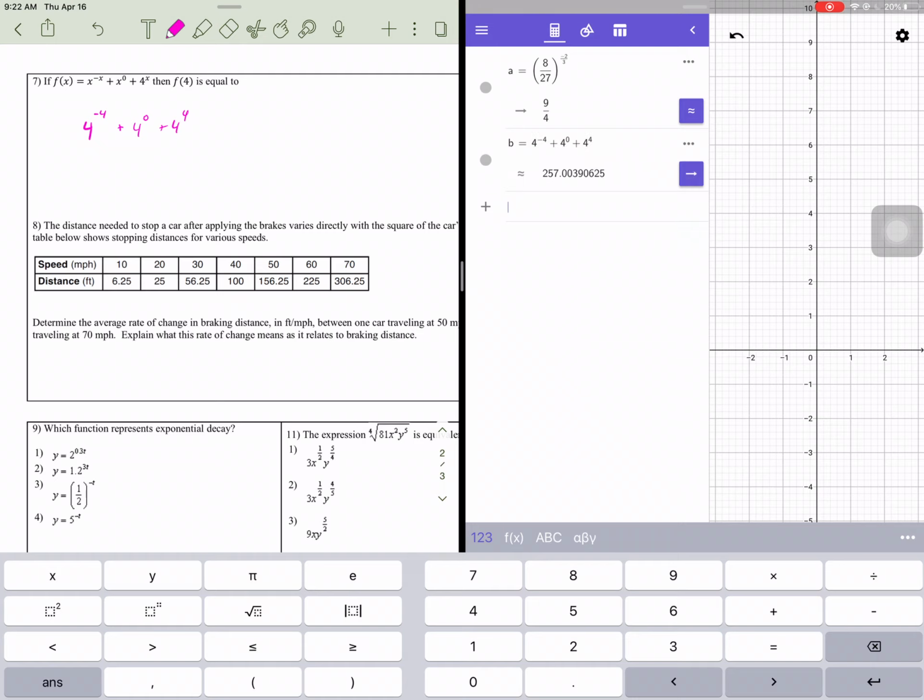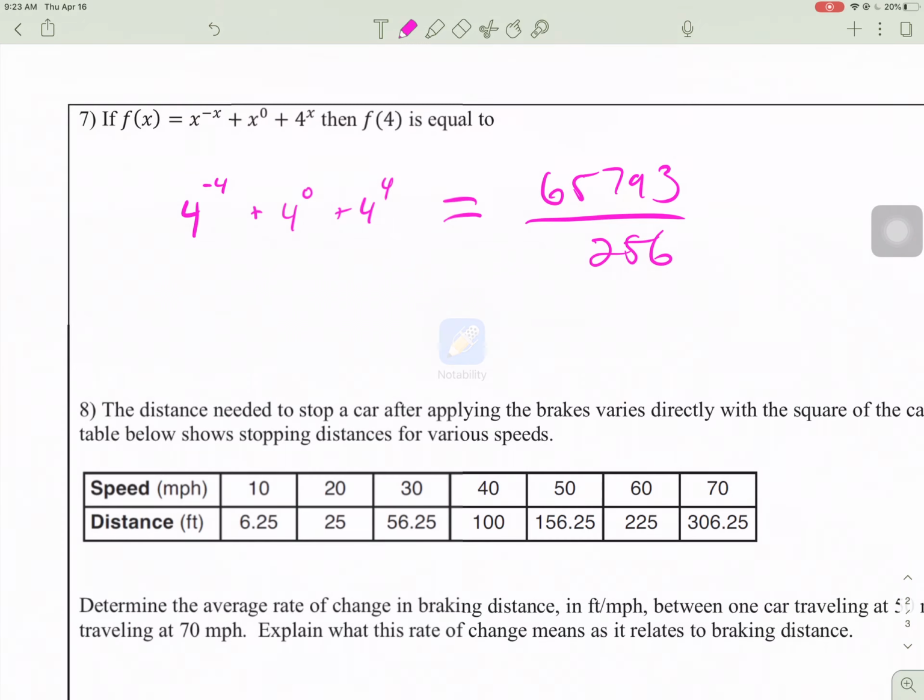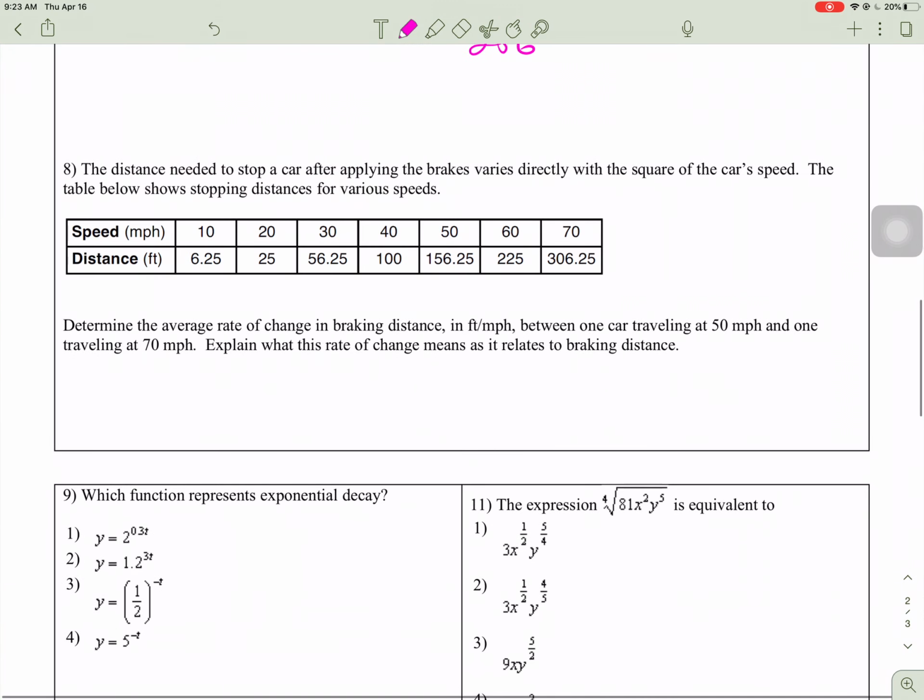And there you go. You keep it as a fraction, it's a little cleaner. 65,793 over 256, which is about 257, a little more.